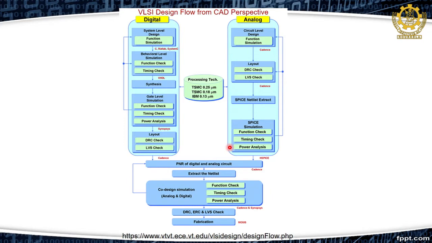There are many design flows available in books and internet sources. I took this design flow because it gives an insight from a CAD perspective. That means the processes are also written.